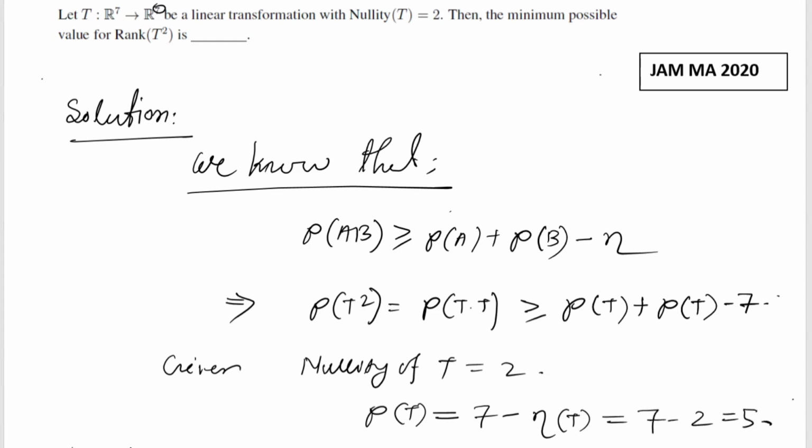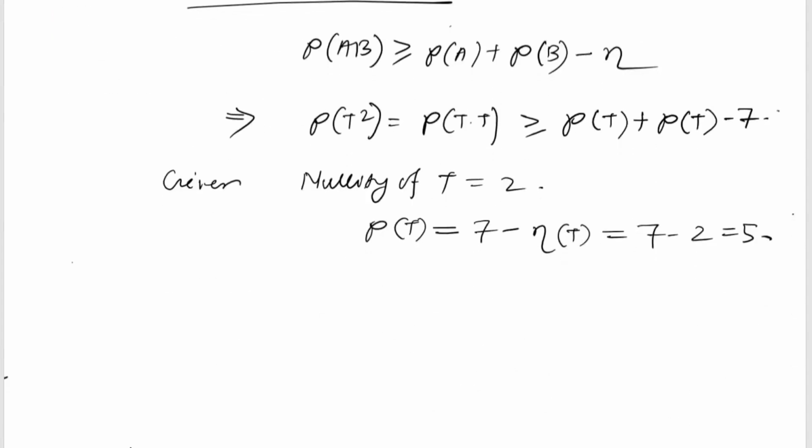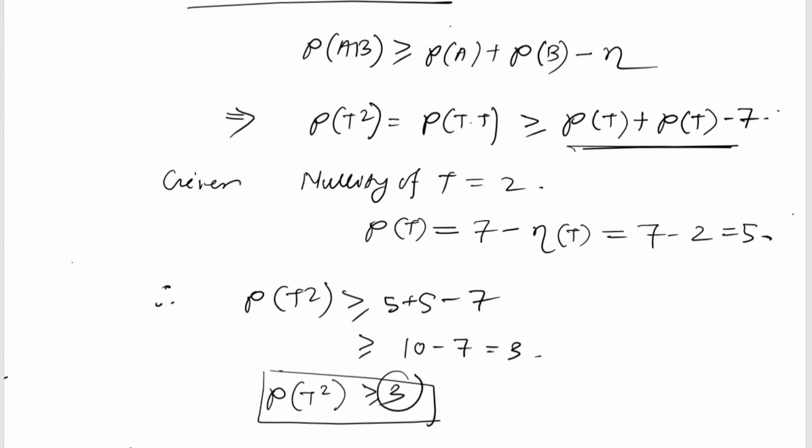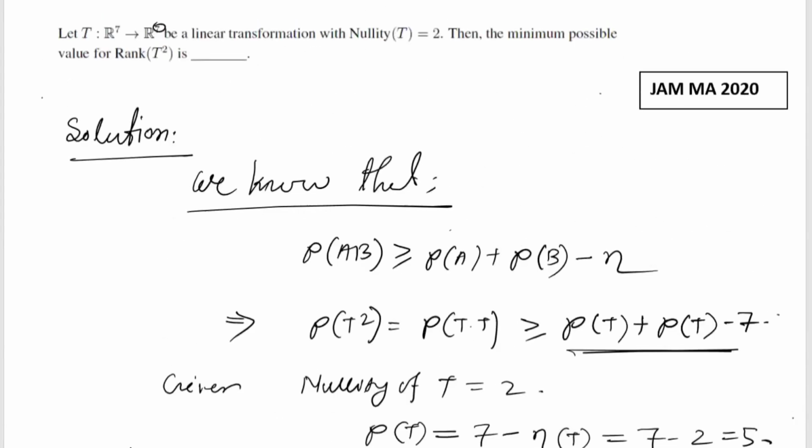So we have rank of T squared is at least 5 plus 5 minus 7, which is 10 minus 7, equal to 3. So rank of T squared can equal 3. This is the minimum possible. So the minimum possible rank is 3. So the answer of the question is 3.